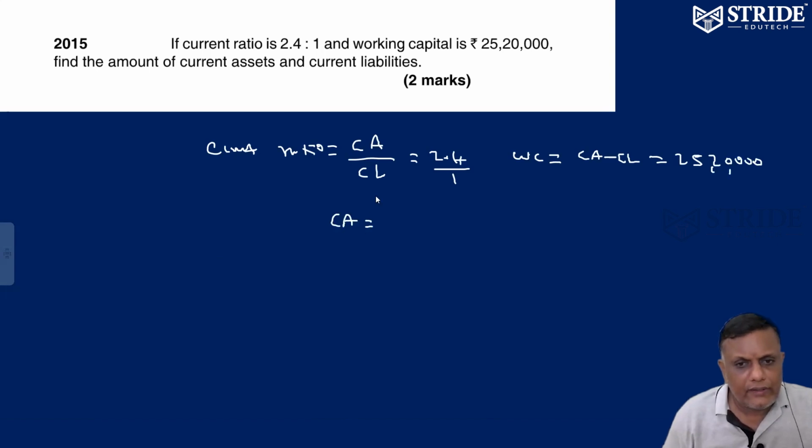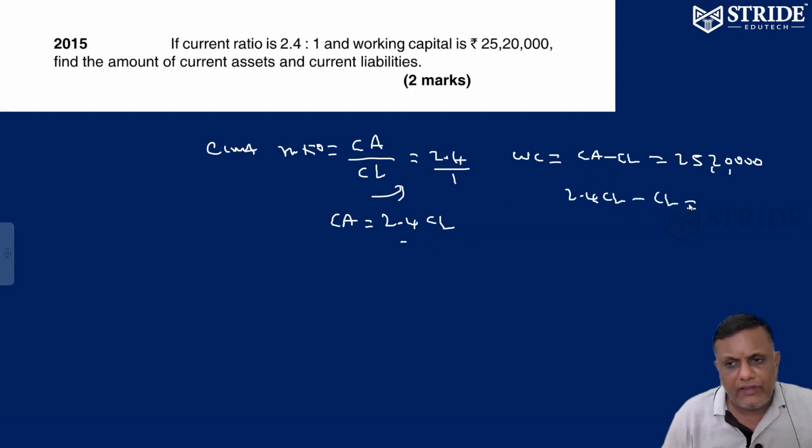So what is current asset here? Can you cross multiply? 2.4 into CL. So current asset equals 2.4 CL minus CL, which equals 25,20,000.